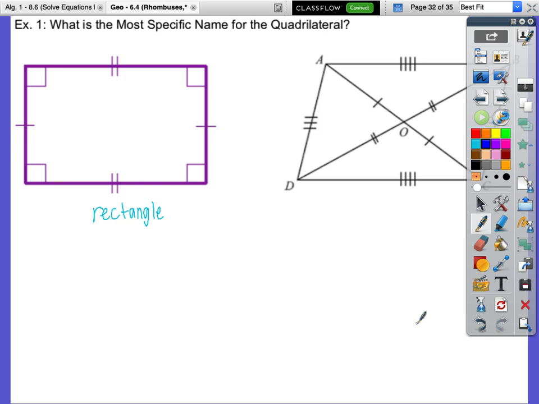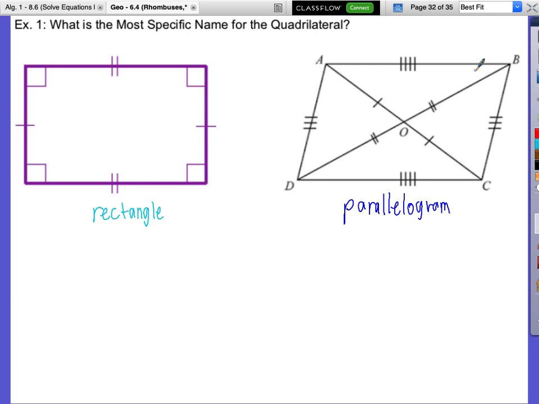Raise your hand and do not blurt for the second one. Gracie? I agree. It is a parallelogram. That is the most specific name that we can know. We don't know any more about this, because we don't know that all four sides are congruent, so it can't be a square or a rhombus. And we don't know that they're right angles, so it cannot be a rectangle.